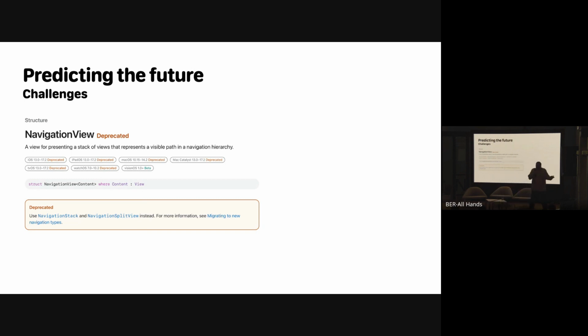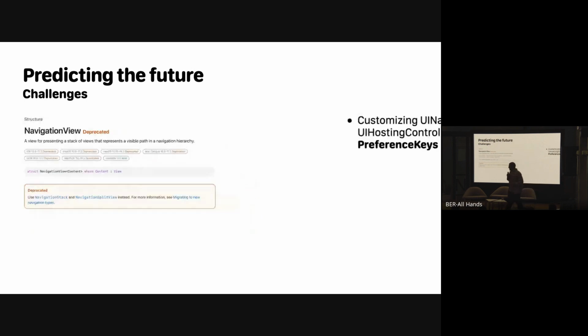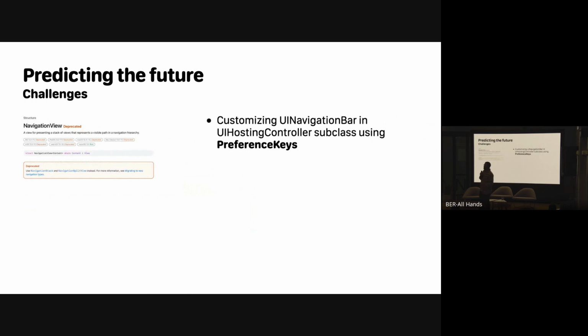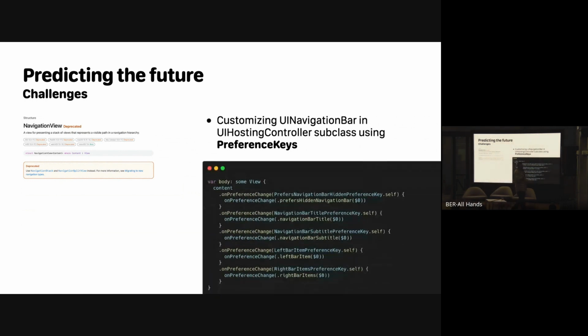We didn't have to apply any change because we were encapsulating our SwiftUI view in a custom UIHostingController, so a subclass. Still, we wanted to give our engineers a SwiftUI-ish way to deal with the navigation bar, left items, right items, navigation title. So, oops. So this is an example, right?